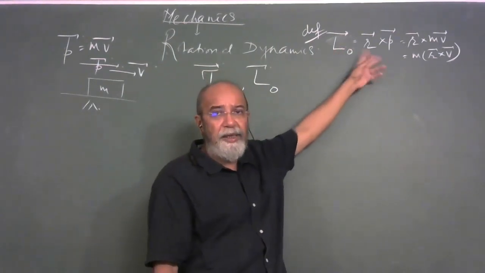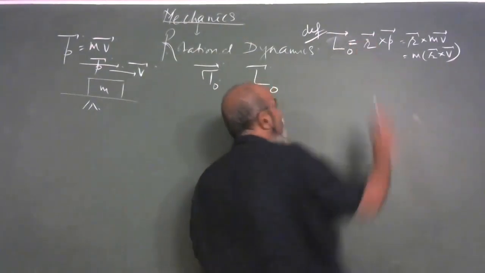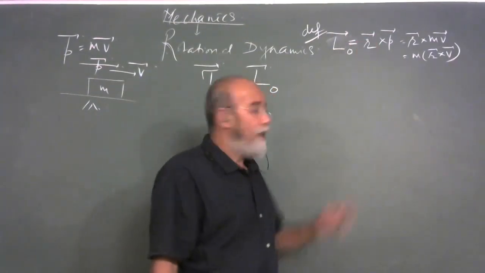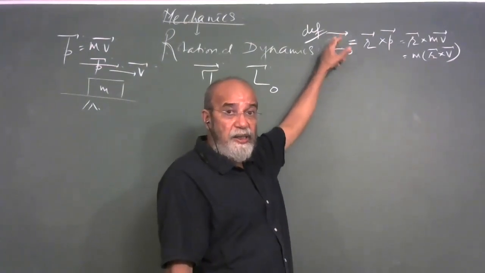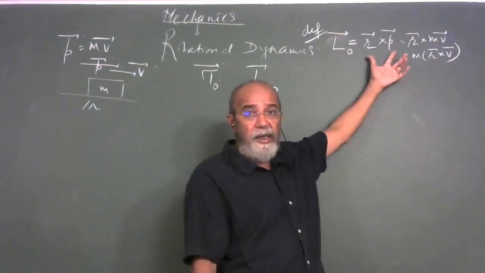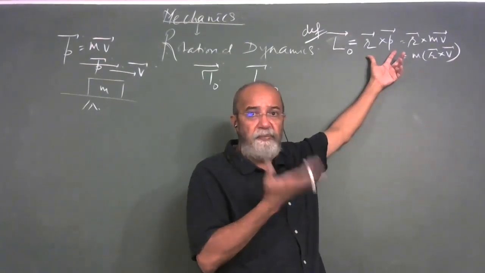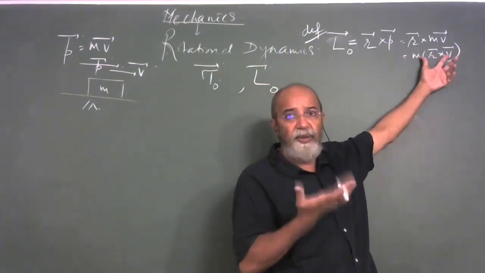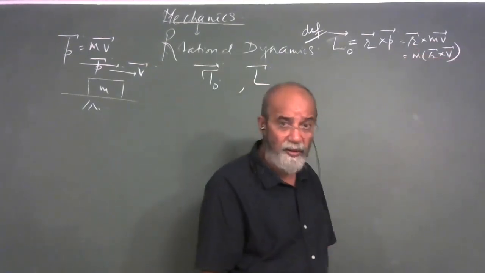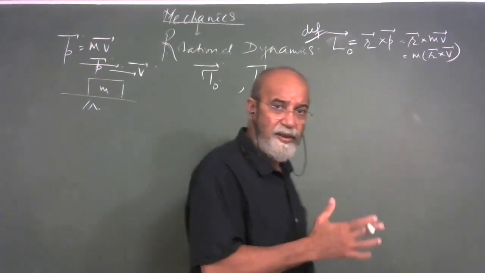This mathematical expression tells me that L, angular momentum about a reference point, is a vector perpendicular to the plane formed by the R vector and P vector, or R vector and V vector. Plane perpendicular. Let us see.